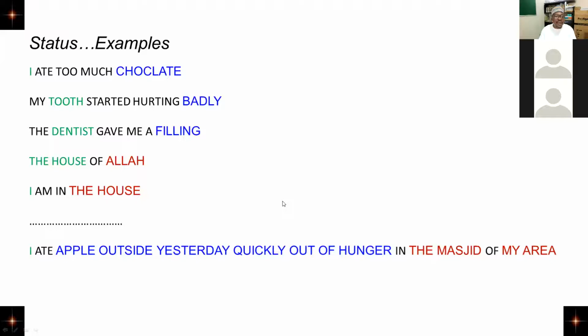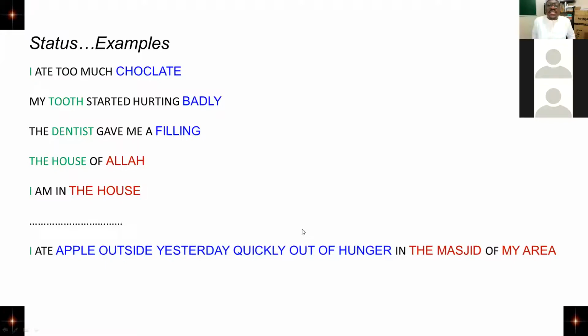Because any word standing alone by default, if it's an ism, is in rafa status, and the sign of that rafa status in this case is un. So in rafa status, it's the doer of an action or the subject.